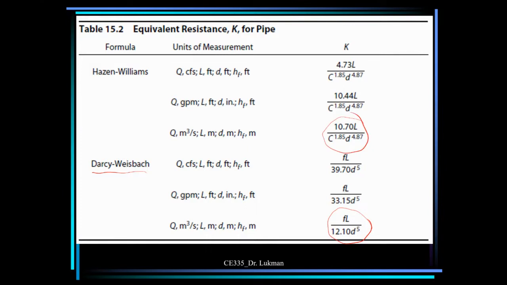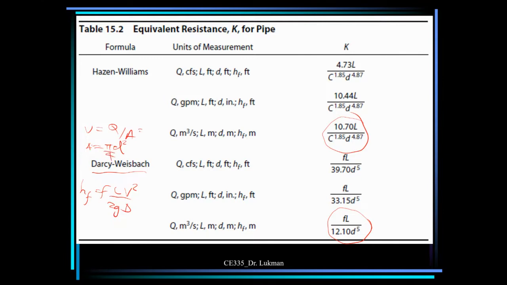For Darcy-Weisbach, how did we obtain this? It is simply from the Darcy-Weisbach formula, HF equals f L V squared over 2gD. And then we substitute V equal Q over A, where A for a pipe is pi D squared over 4.